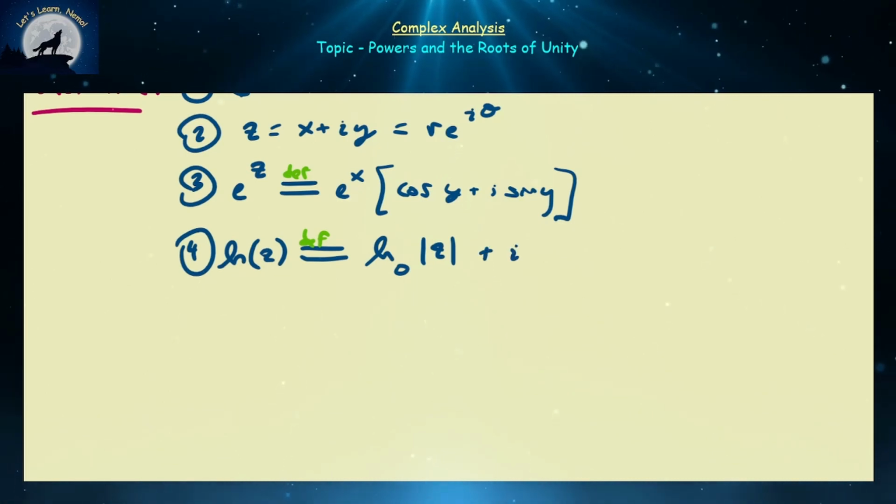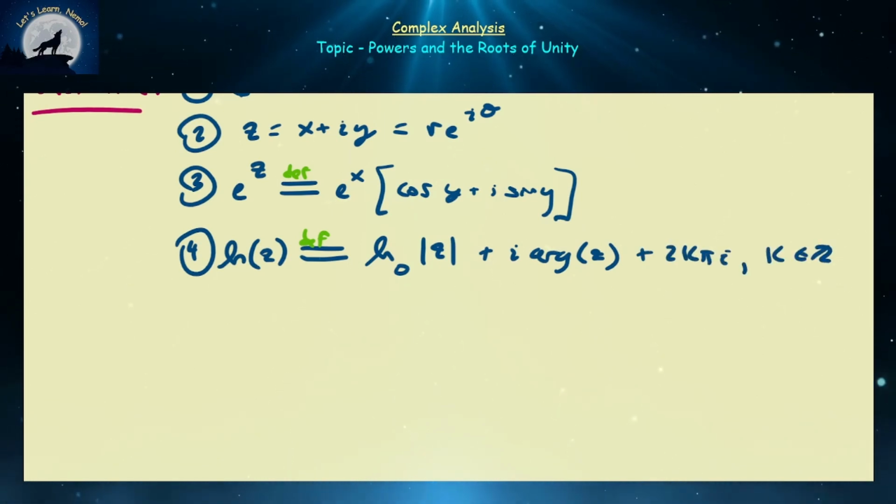And then we're going to have i times the argument of that number z plus 2k pi i, where k is an integer. And you might be thinking, why do we have k in the set of integers? Why do we have infinitely many outputs for one input z?